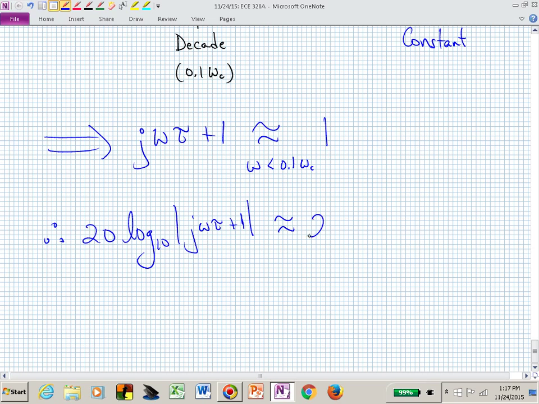This is approximately 20 times the log of 1, which is 0 dB. So now we are flat at 0 dB for this linear factor. For both numerator, or zero factors, and pole factors, we're flat until we get close to the break frequency. And that's what we saw in our approximation anyway.